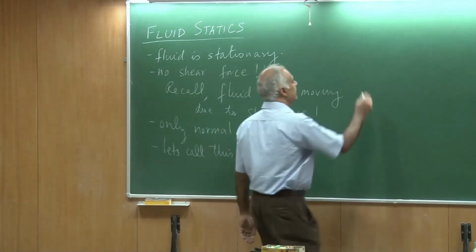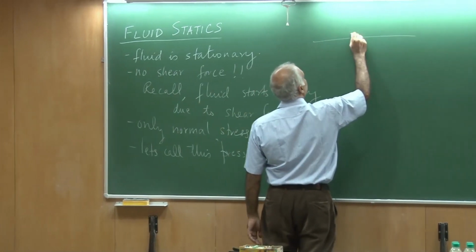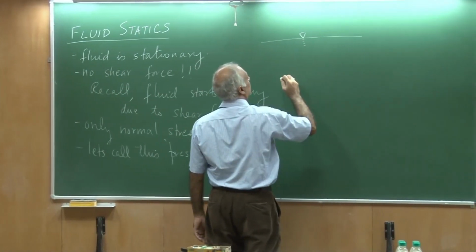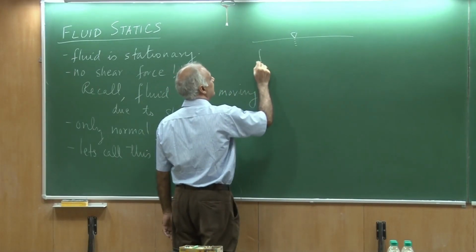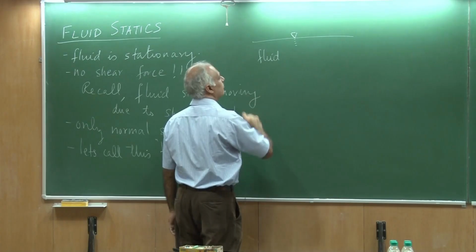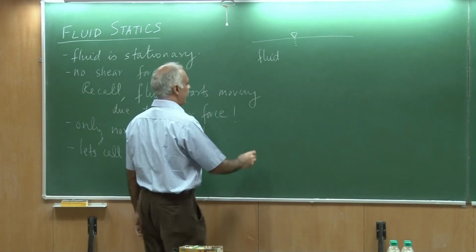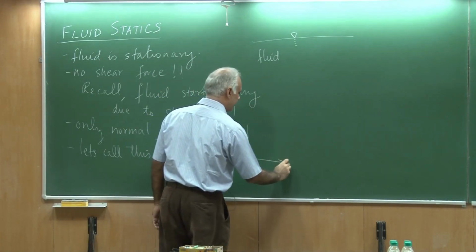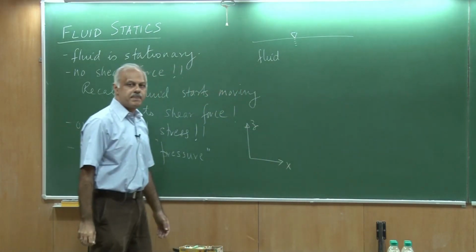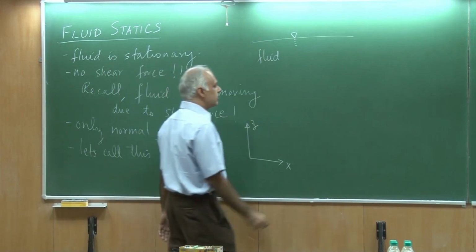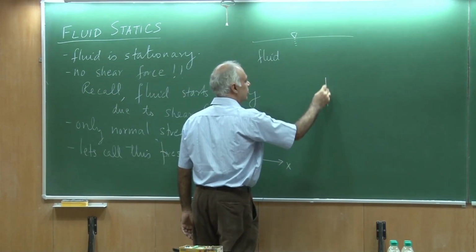So, let us consider, let us say this is the free surface of the fluid, and there is a fluid inside, and I am going to write down a frame of reference. So, this is x and this is z, and now what I am going to do is take an element of fluid in this.